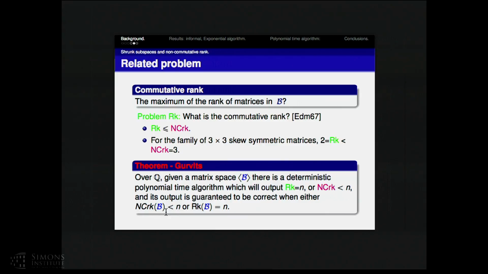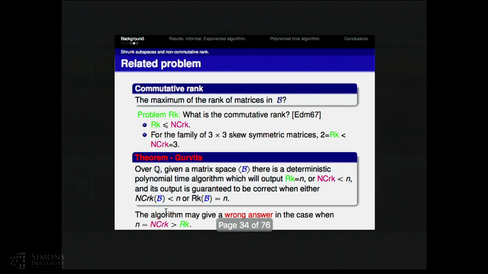This was the motivation for Gábor and Youming when they came to this problem. They wanted to see if they could extend Gurvits's results. Of course, by what we just observed, this algorithm could give a wrong answer on instances which don't satisfy the given promise.